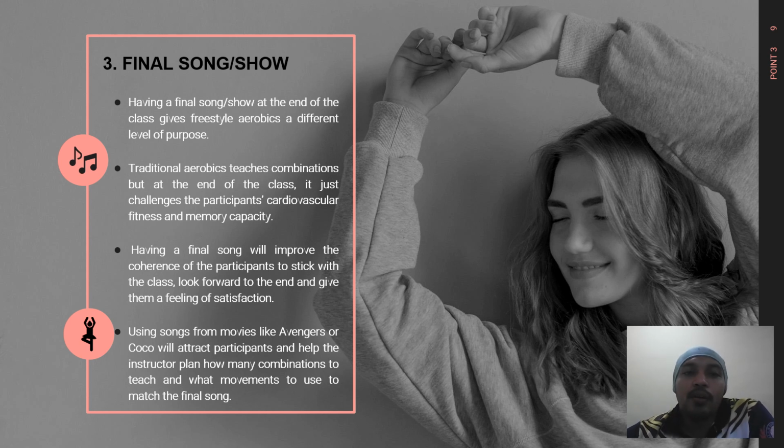Having a final song will improve the participants' motivation to stick with the class and look forward to the end and give them a feeling of satisfaction. Using songs from movies like Avengers or Coco will attract participants and help instructors plan how many combinations to teach and what movements to use to match the final song.